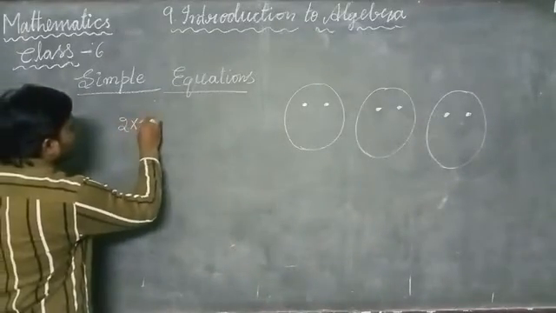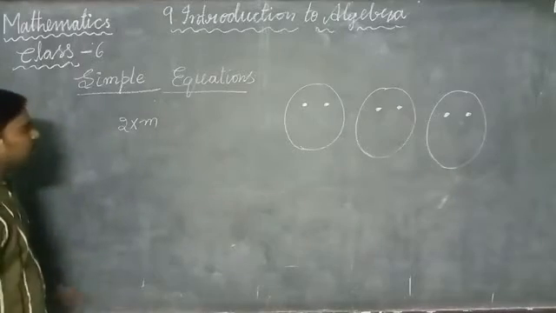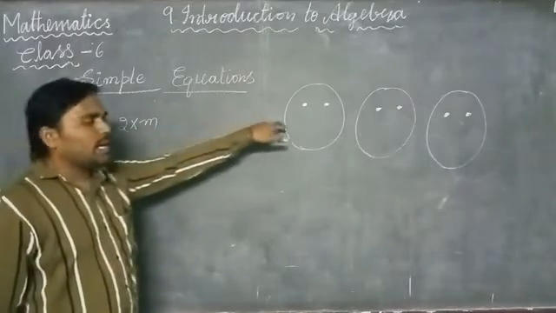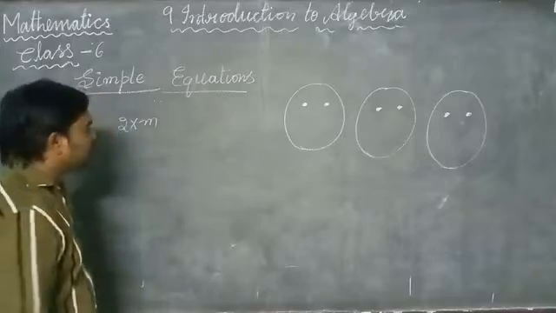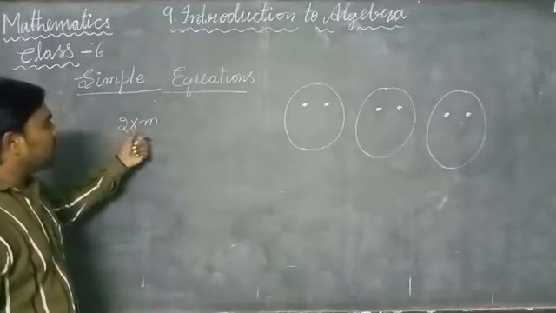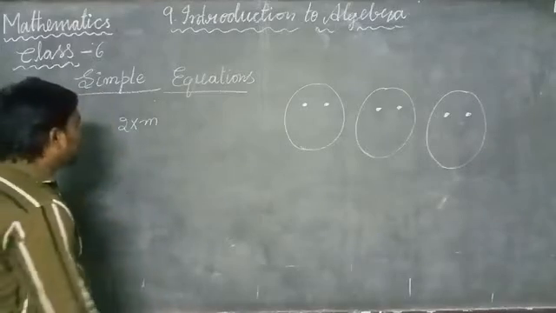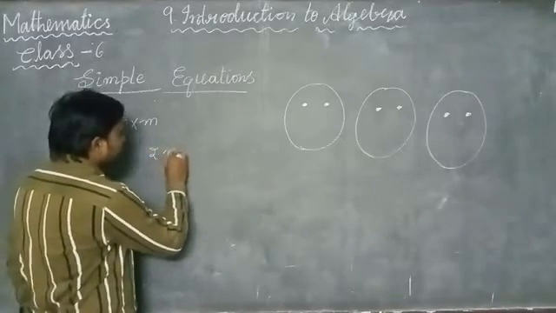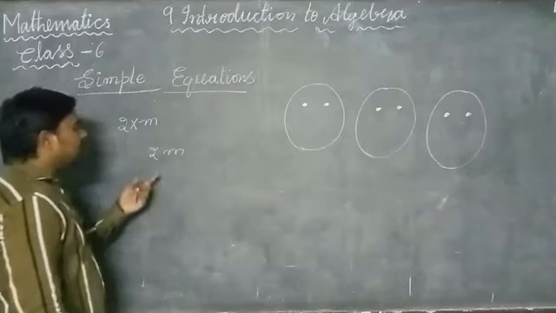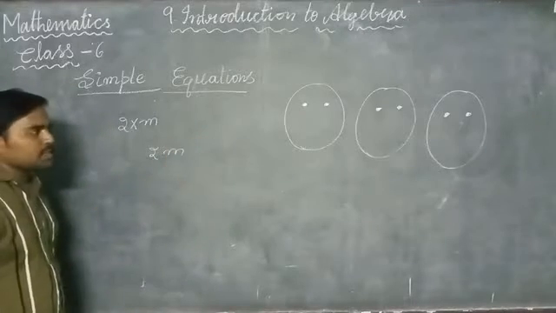2 into m. Why? Because here 2 is the number of dots per diagram. Suppose if you want to draw m number of faces, then it requires 2m dots. This is the rule for the given structures.